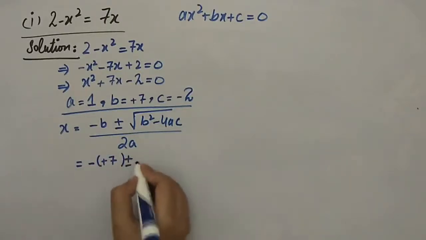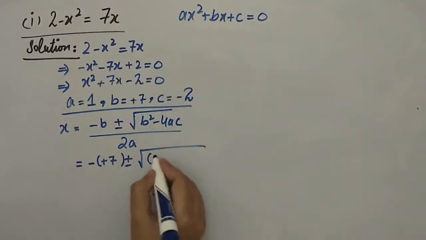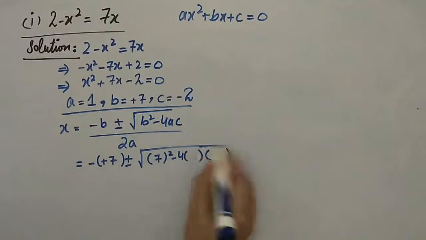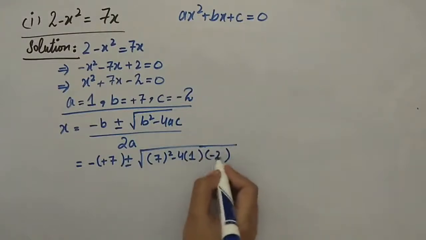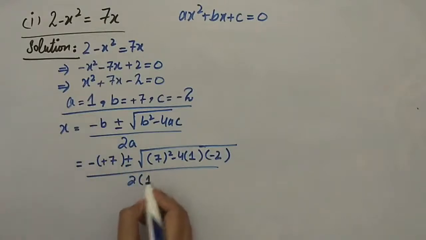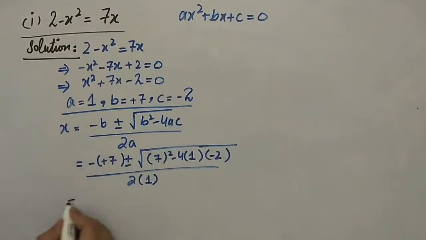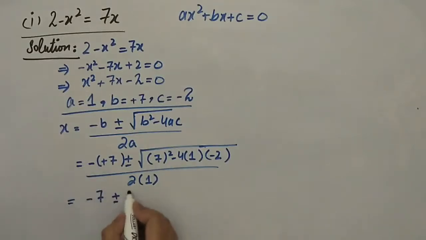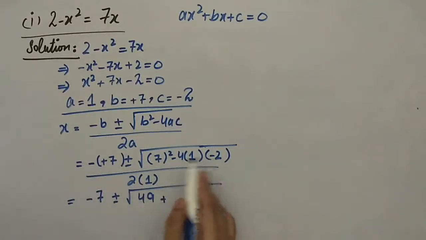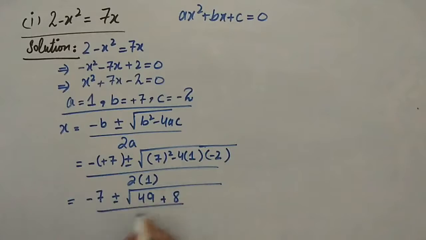Clear? b square means 7 square minus 4ac. What is a? a is 1, c is minus 2, over 2a. What is a? a is 1. Clear? So plus minus 7, 7 sevens are 49, minus times minus, plus 4 twos are 8, over 2 ones are 2. Clear?